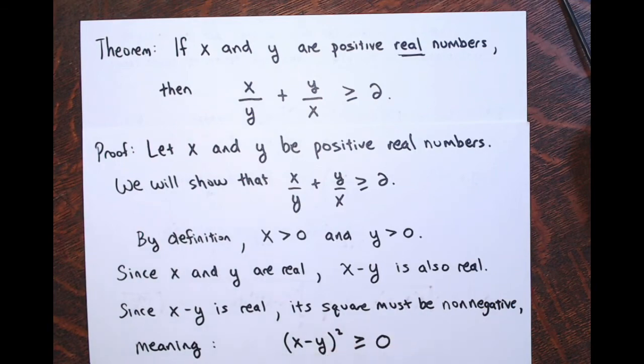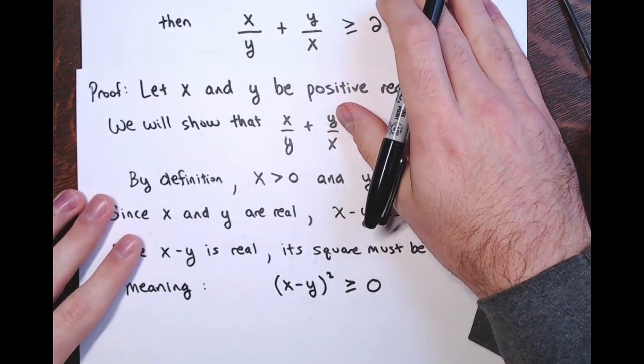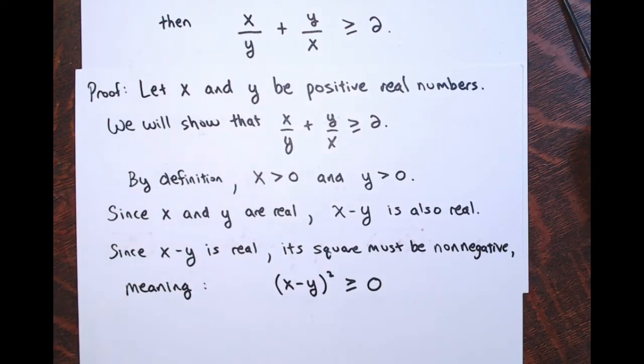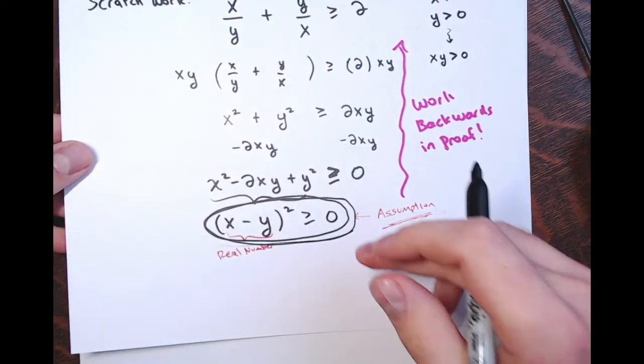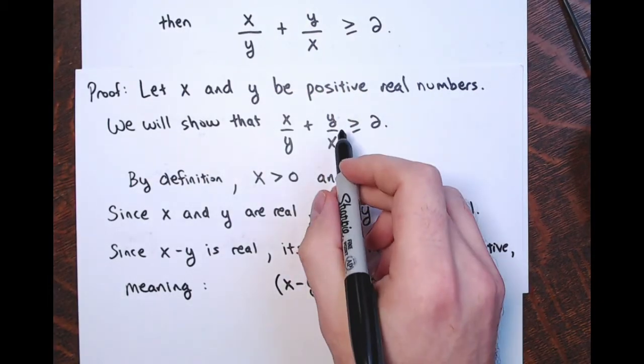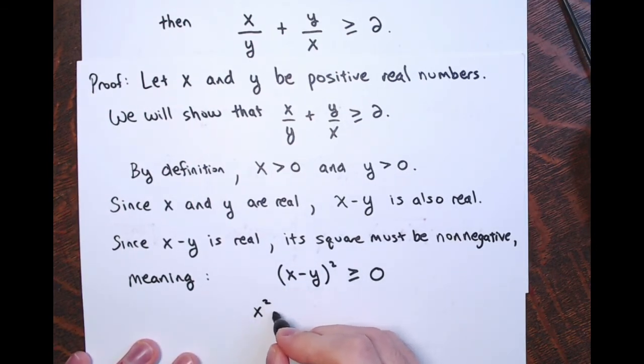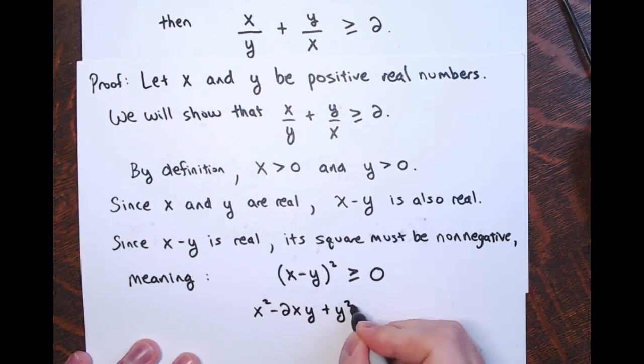And now comes a line of algebra, all my algebraic reasoning. Going through my scratch work, I'm working backwards to the statement that we're trying to show. So, multiplying this out, x squared minus 2xy plus y squared must then be greater than or equal to 0.